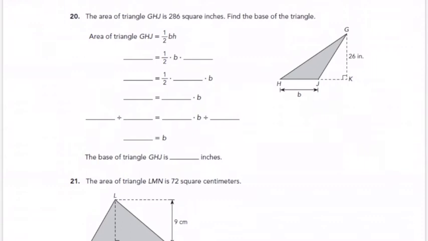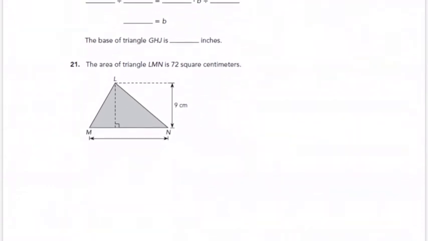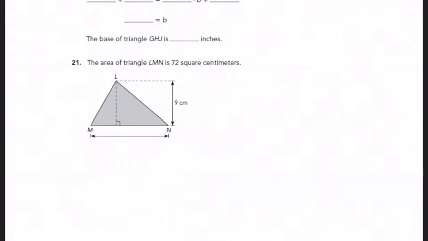Okay, so don't worry about doing number 20. I want you guys to try 21. They give you the height, you gotta find the base. Okay, so pause it and then try it. Okay, so the answer for this would be area equals 1/2 base times height.